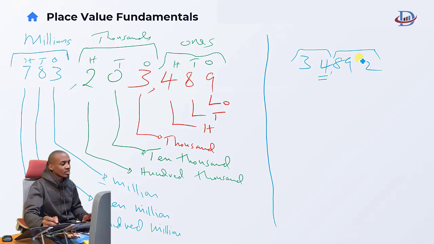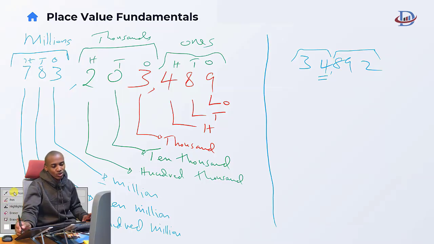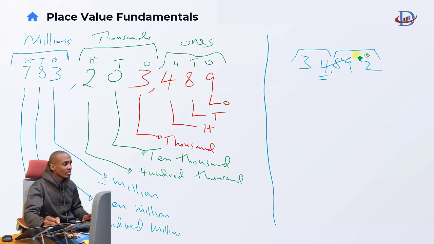Based on our concept, this is ones, tens, hundreds. This is ones, tens, and hundreds is not there. So the place value of 4 will be equal to what?